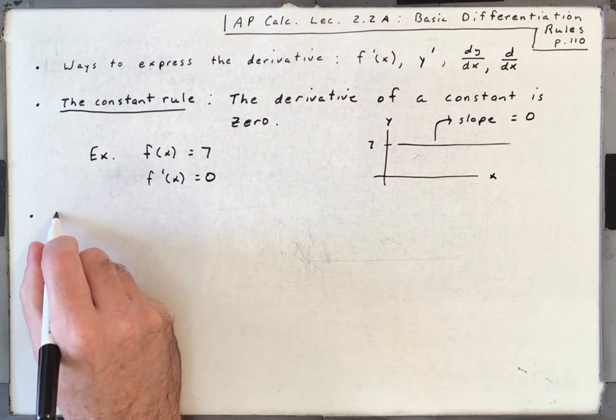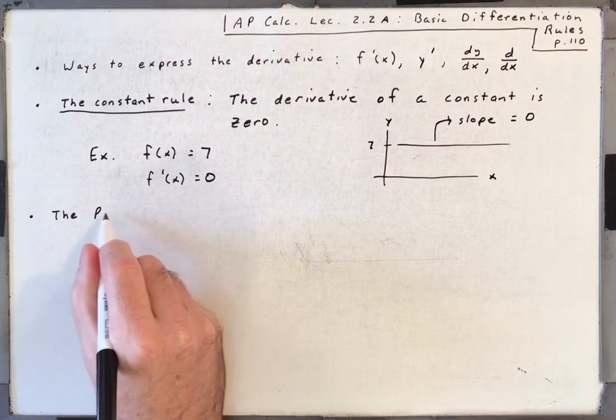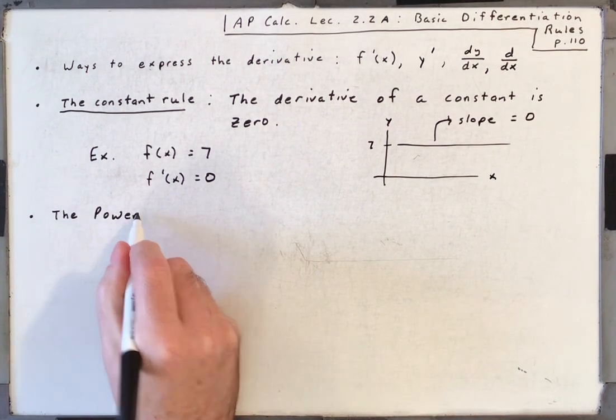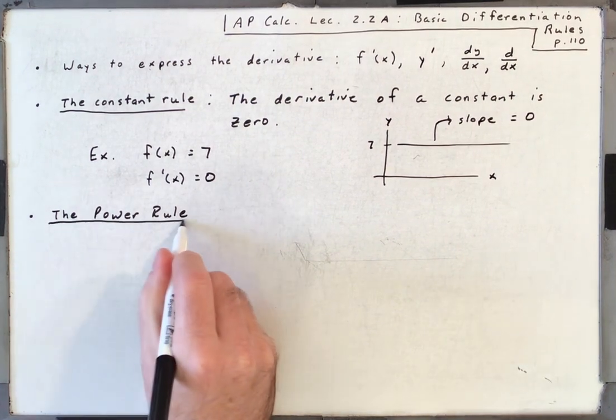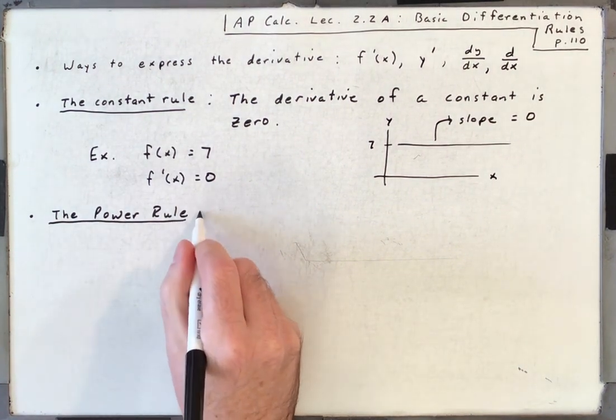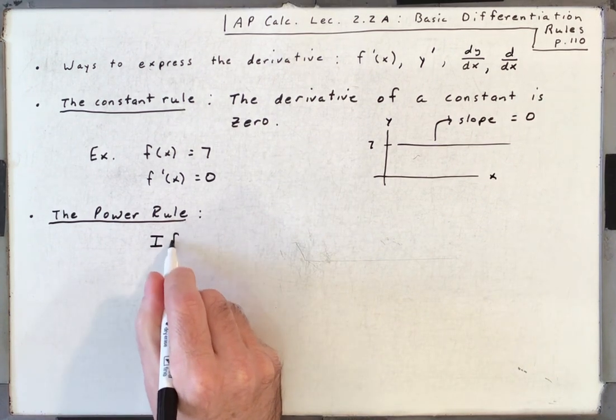Okay, this is the rule you're going to use the rest of the year, the power rule. You're going to use the constant rule a lot also, but the power rule, this rule is embedded in all the other rules. So here's how it goes.